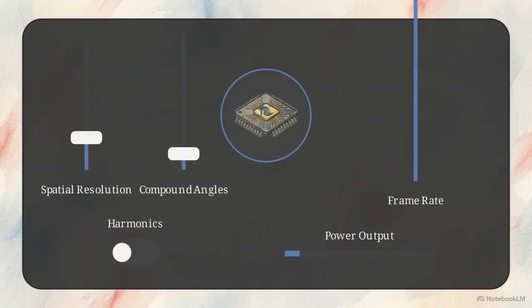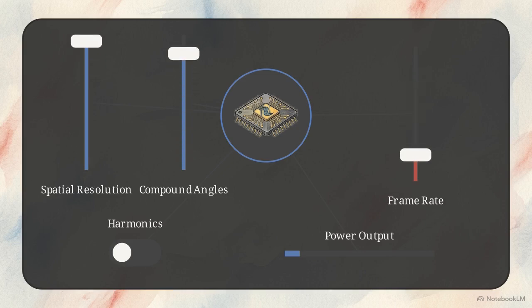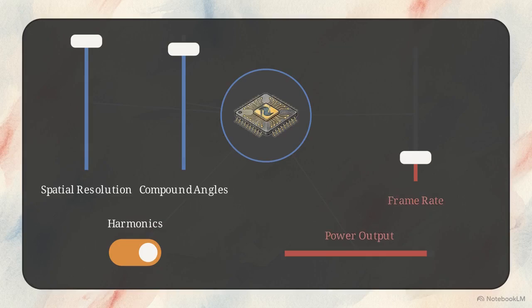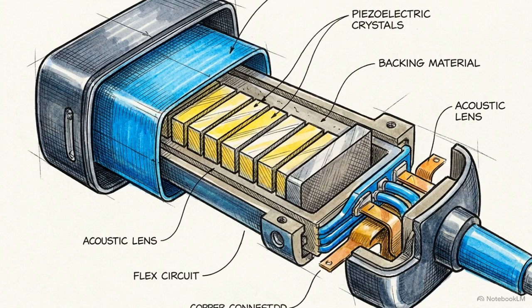Looking at this interface of physical constraints, we can pull all of these variables into a single interconnected model. Ultrasound physics is a zero-sum game. You cannot mathematically increase spatial clarity without paying a temporal or power penalty. Axial and lateral limits remain strictly geometric problems, bound by the physical hardware of the transducer crystals and the fixed wavelength of sound.